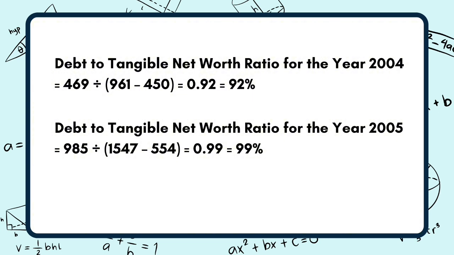The debt to tangible net worth ratio for the year 2005 is $985 for total liabilities, $1,547 for shareholders' equity, and $554 for intangible assets is equal to 0.99 or 99%.